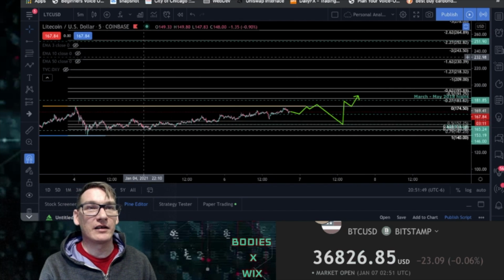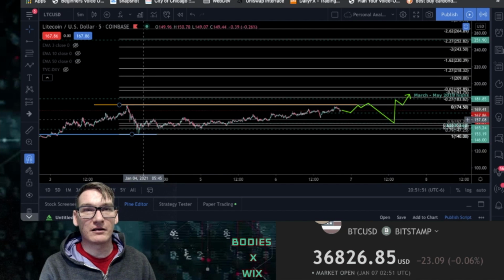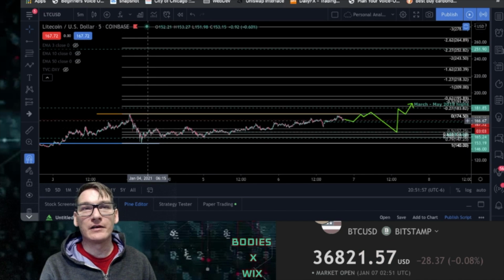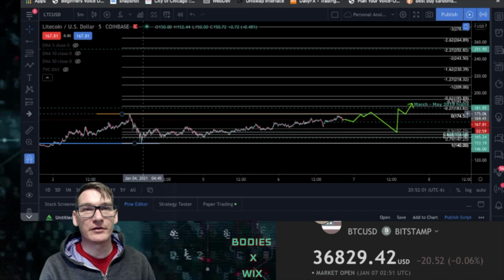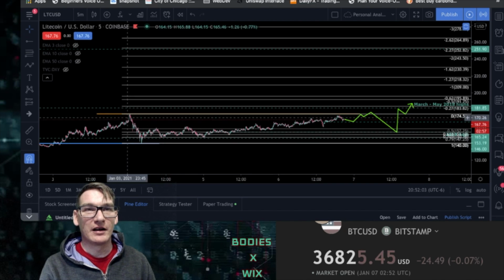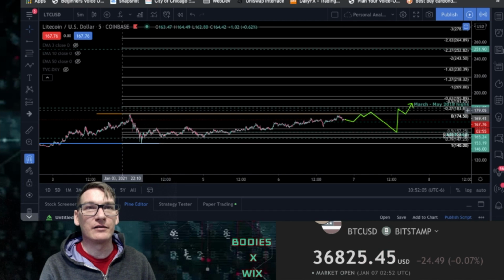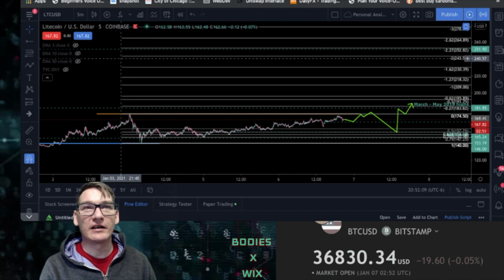Okay, so at the current wave that we have of Litecoin, right? If we were to take this and triple it, basically take the length of this, and then do one more length, right? And then do one more length.